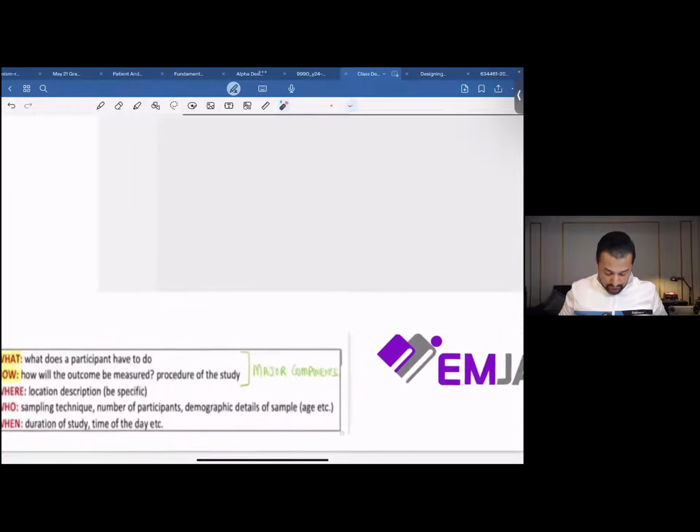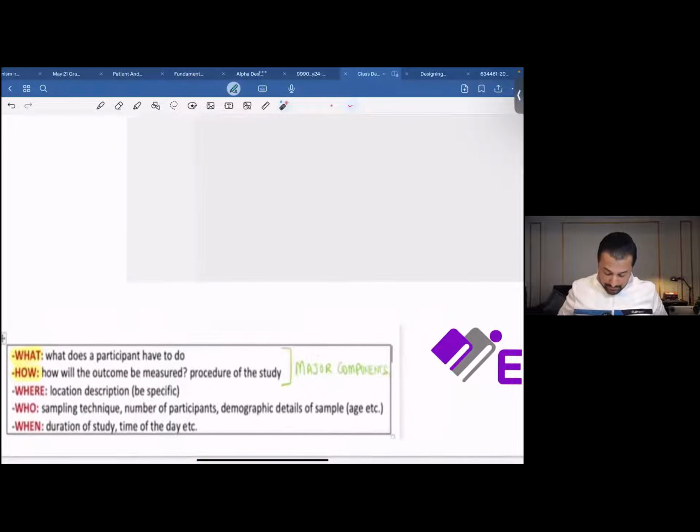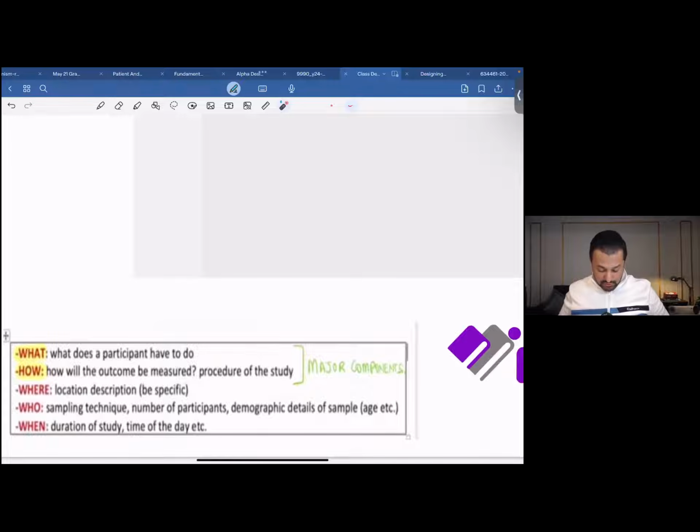Many of you have probably been under the impression that for designing a study question, there are 5 different important components that every student gets graded on, and I say this because I've heard many students come up to me and say this.